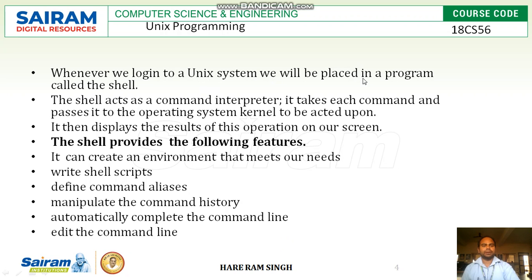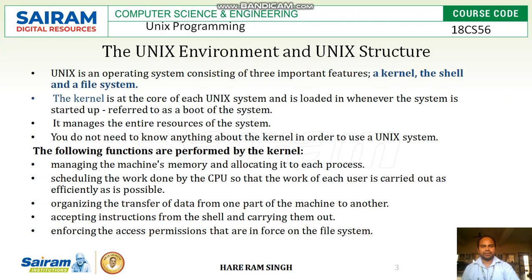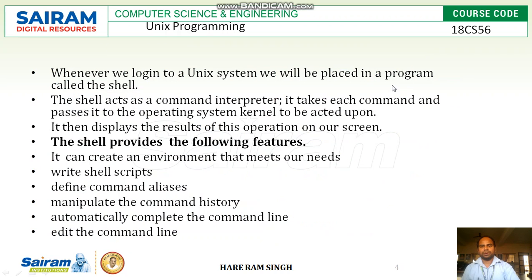Whenever we log in to a Unix system, we will be placed in a program called the shell. The second main part is the shell. The shell is a program, part of the Unix operating system.